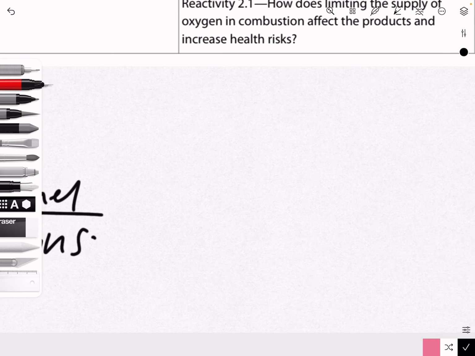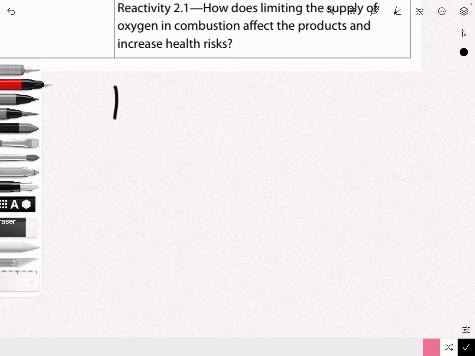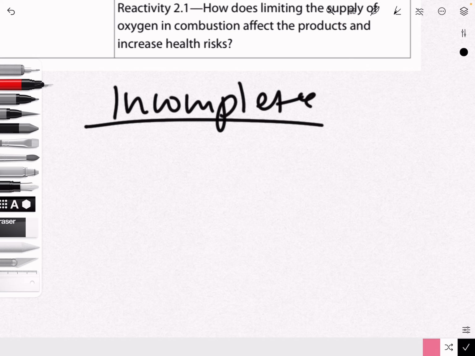And let's look at incomplete combustion. So incomplete combustion, as you guys may be able to guess, is the opposite of complete combustion. So you do not have enough oxygen in order to form both water vapor and carbon dioxide as your products. Instead, we'll often end up having soot, so carbon, and carbon monoxide.